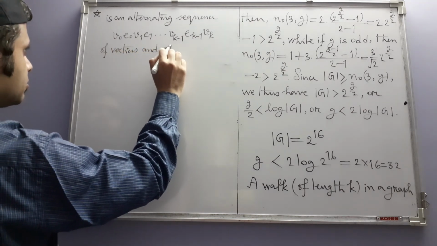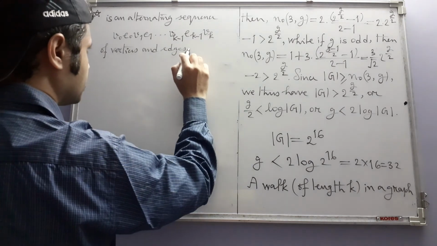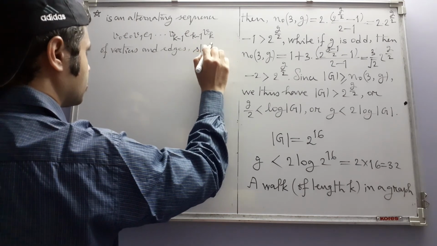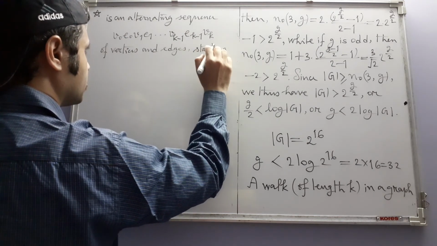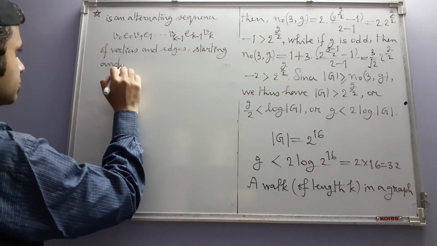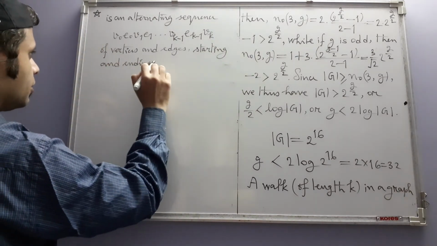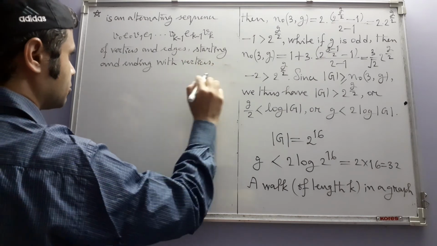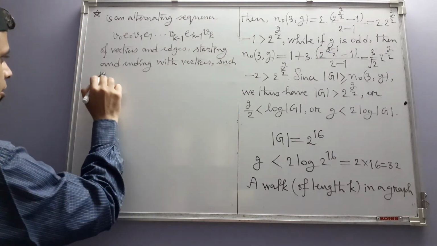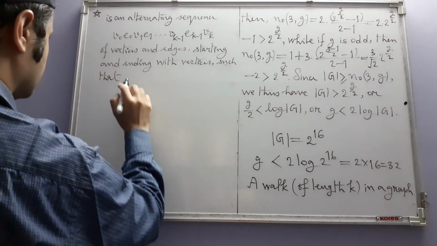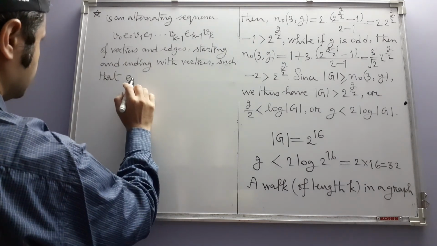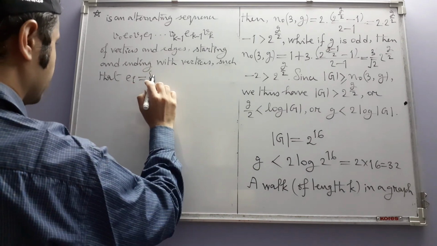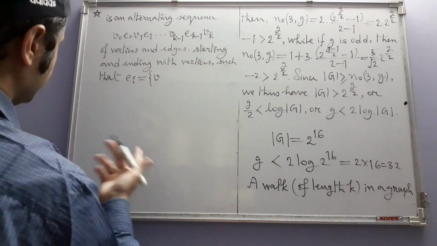of vertices and edges, starting and ending with vertices, such that Ei is the edge joining Vi and Vi plus 1.